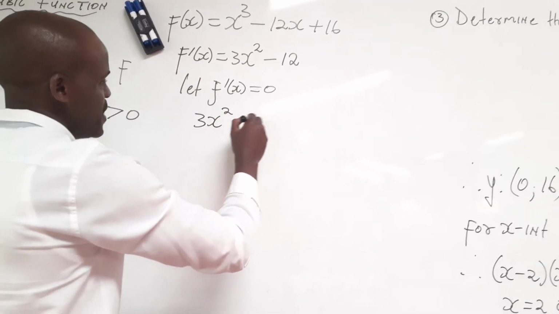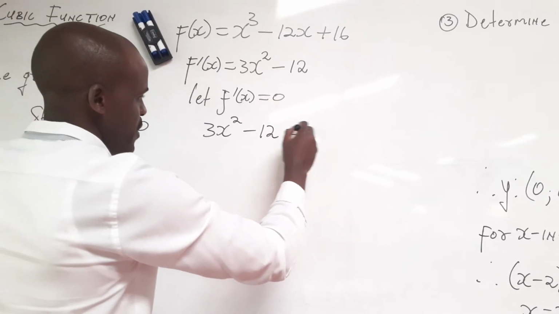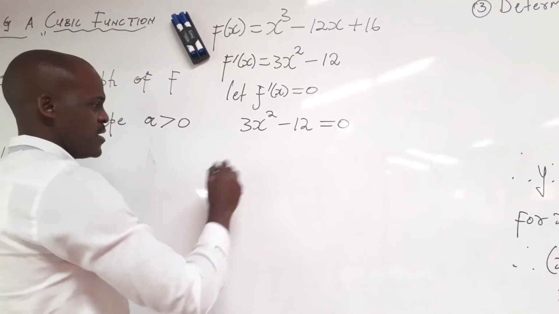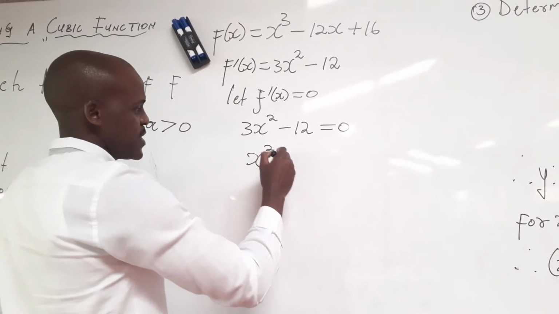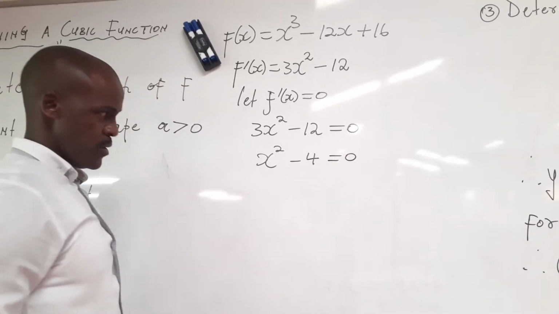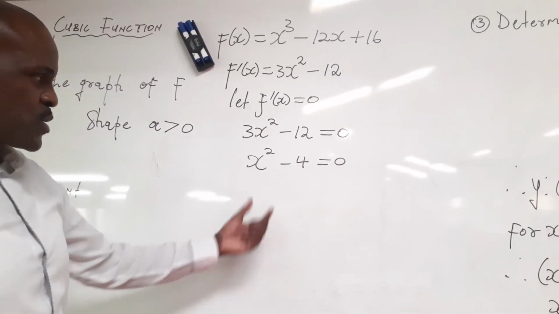3x squared minus 12 will be equal to 0. Let's divide by 3 here. It's x squared minus 4 equals 0. Difference of 2 squares.